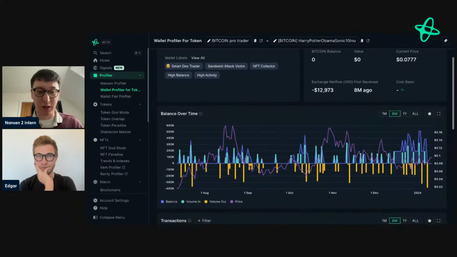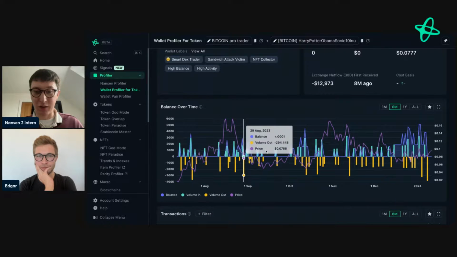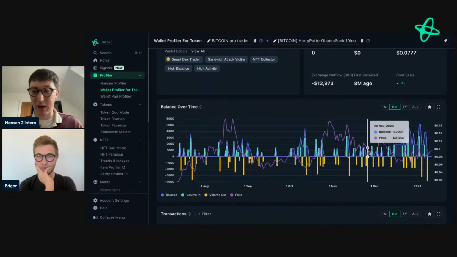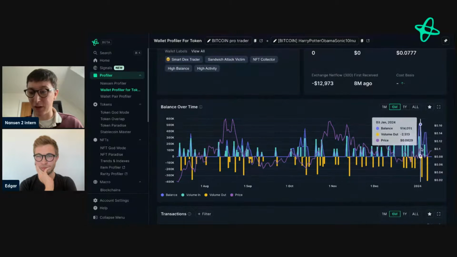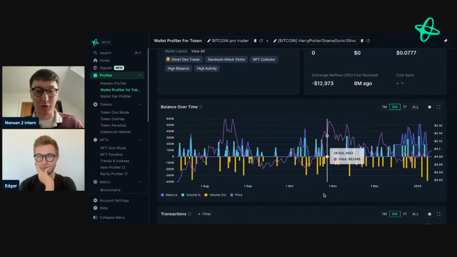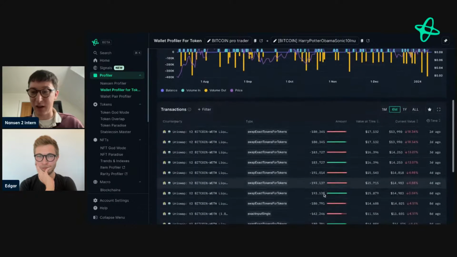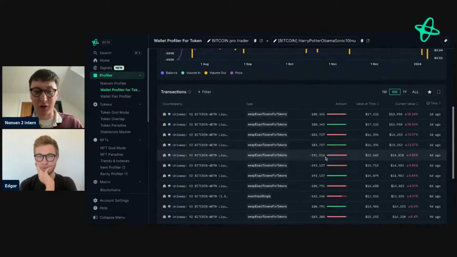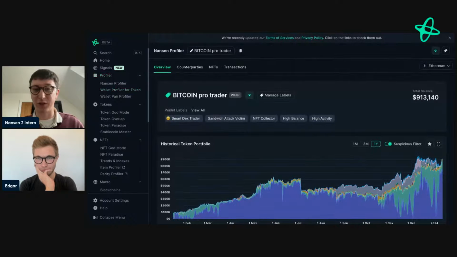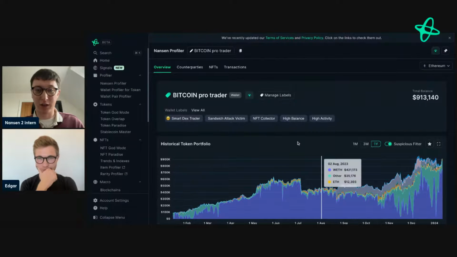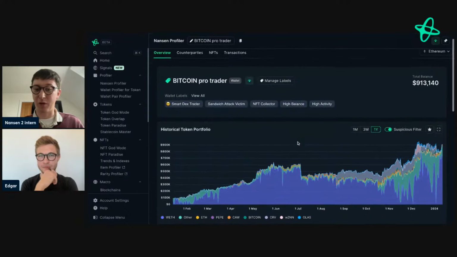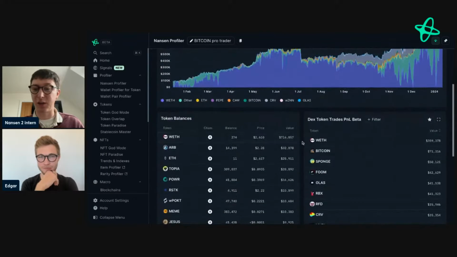As you can see, consistently throughout the year, they are selling and trading Bitcoin every time, and making consistent wins, which is really interesting to see. And you can see how they're doing these trades. If this is a token that you might be interested in, say you're a meme coin trader, this address is something that you might find particularly interesting. And as you can see, they've made $70,000 on it, which is quite interesting.